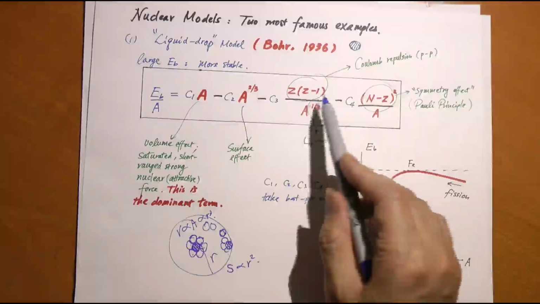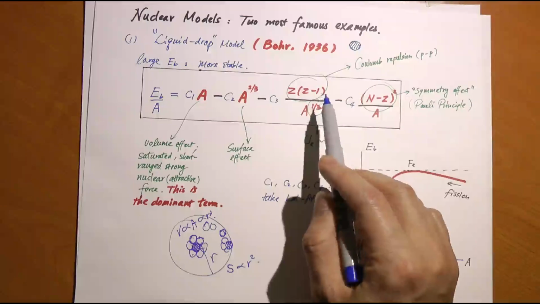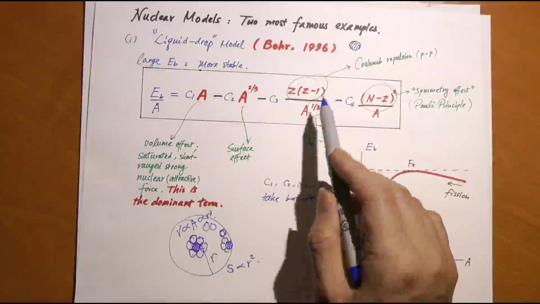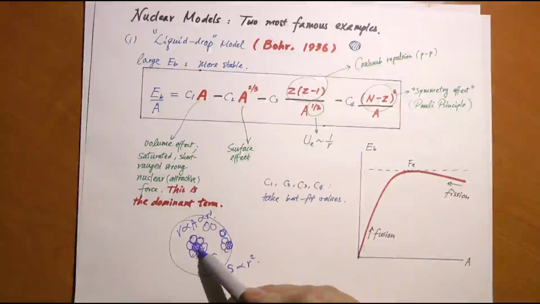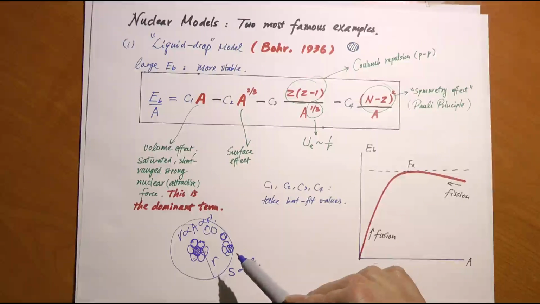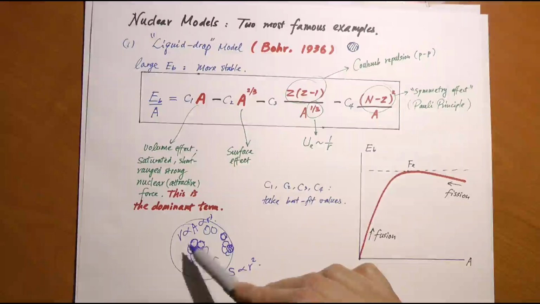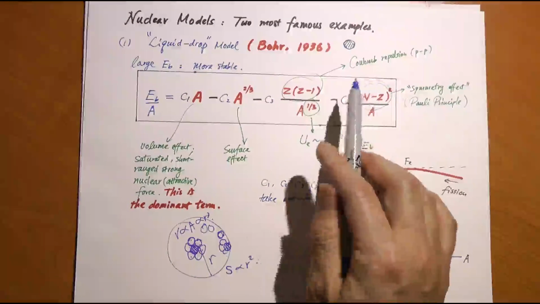Now, look at this term, Z times Z minus 1. Why Z? Because this is the force between the protons. That is a long-range force. Every proton can interact with every other proton. This is such a short distance for protons, for electromagnetic interaction, you have to include every proton in it. How many proton-proton pairs can we have?